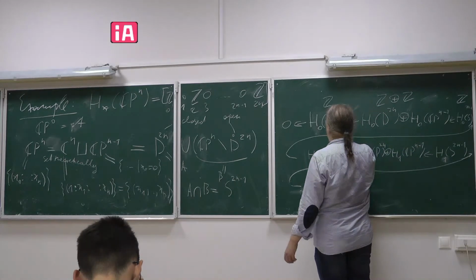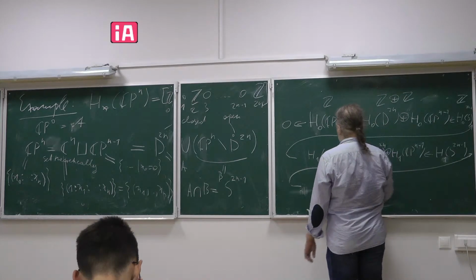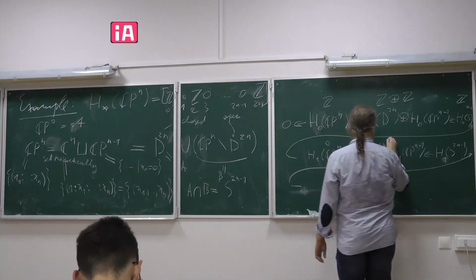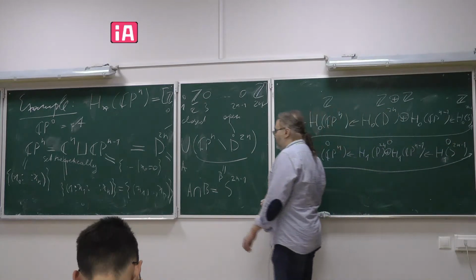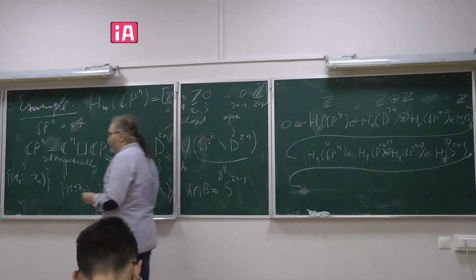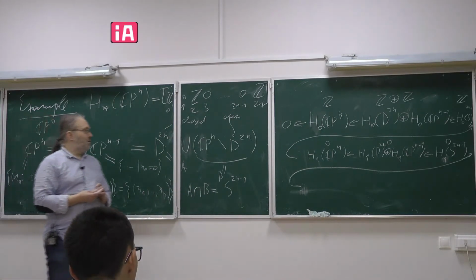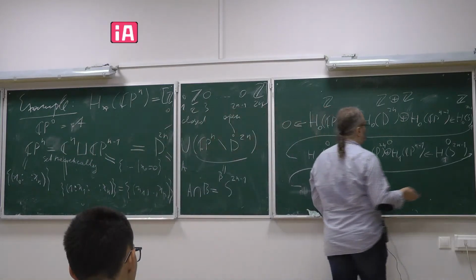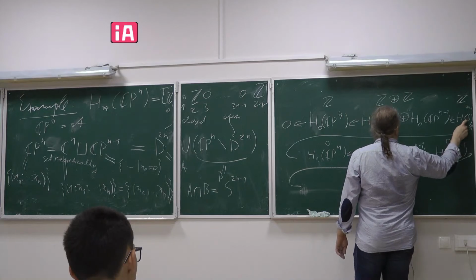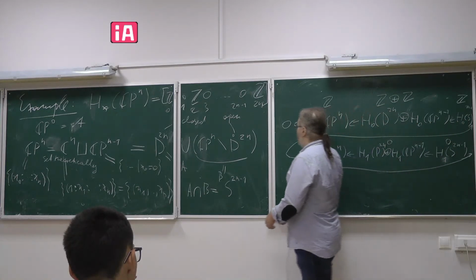We have Z, Z plus Z, and Z. And here we have 0, 0, 0. That doesn't look like a Mayer-Vietoris sequence. Well, let's see. We have the intersection, the direct sum, the union.